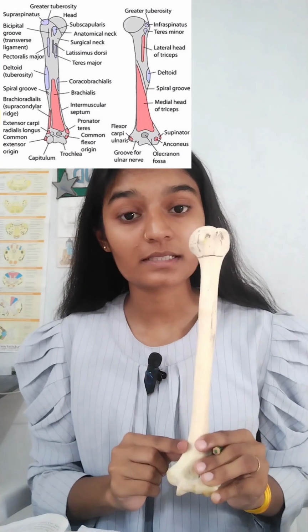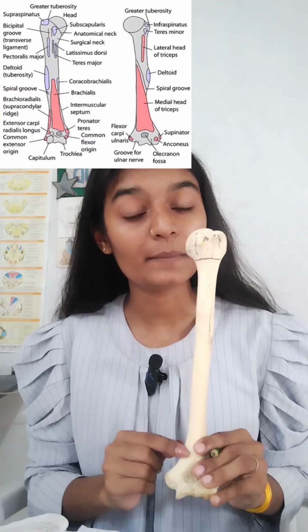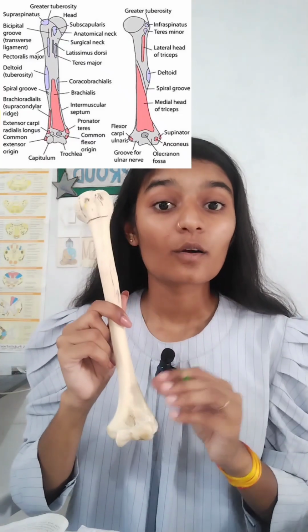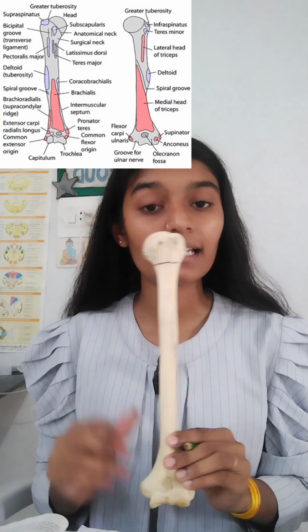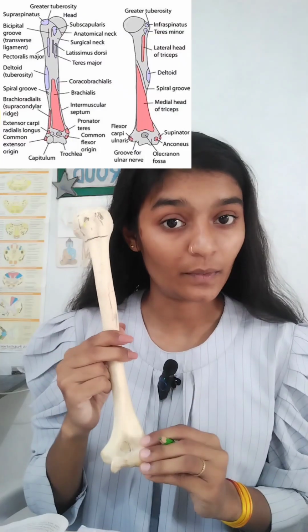The pronator teres muscle originates from the lower one third of the medial supracondylar ridge. Next, the common flexors originate from the medial epicondyle and the common extensor originates from the lateral epicondyle.